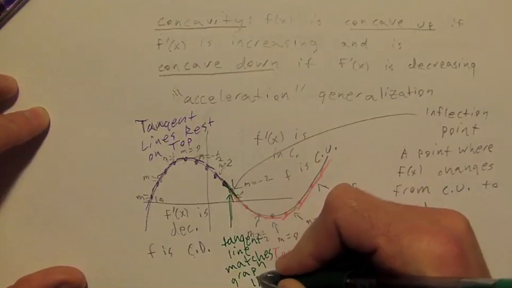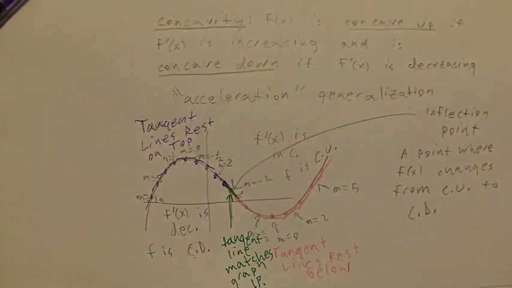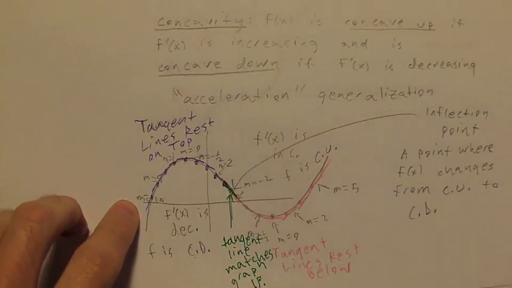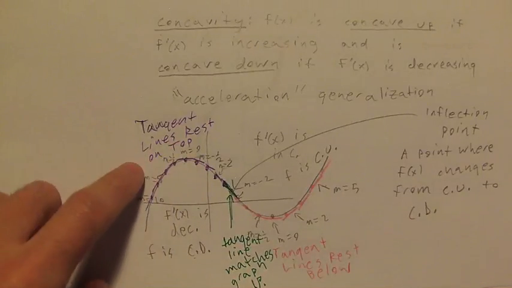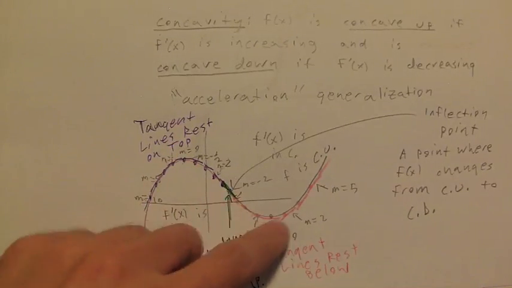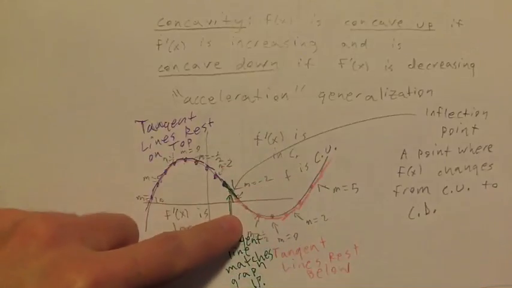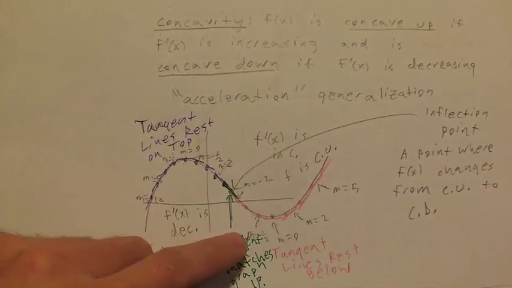at inflection points. Okay, so that's a bit quicker than trying to draw a bunch of tangent lines and see what's going on. You could just say, hey, they rest on the top of the function, therefore we must be concave down, and here they're resting below the function, therefore it must be concave up.